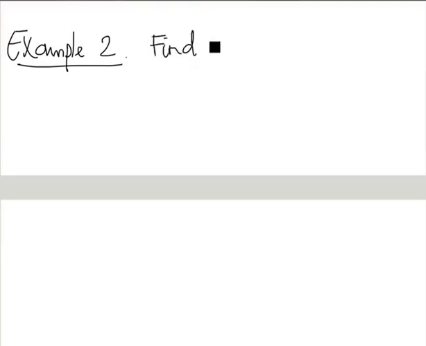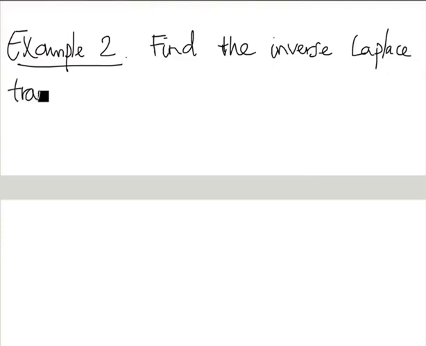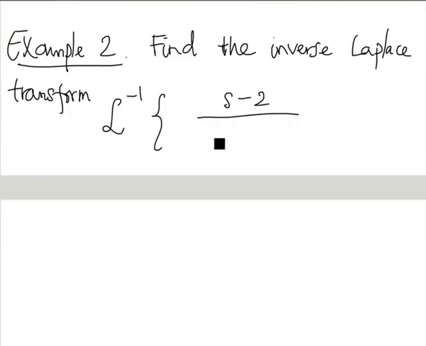Find the inverse Laplace transform of something more complicated, which is a fraction: s minus 2 divided by s squared minus s minus 6.